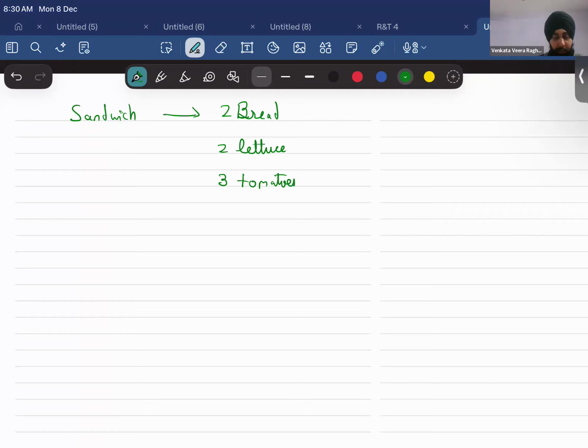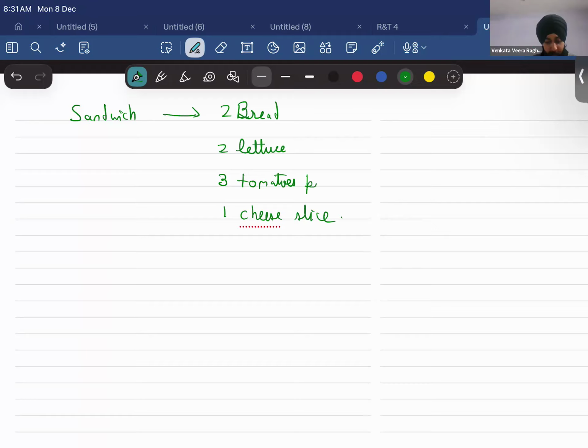What else do you usually add in your sandwich? Cheese slice. Okay, so let's say one cheese slice I want. This is how I can make one complete sandwich. If you have this amount of these things, you can make a complete sandwich.